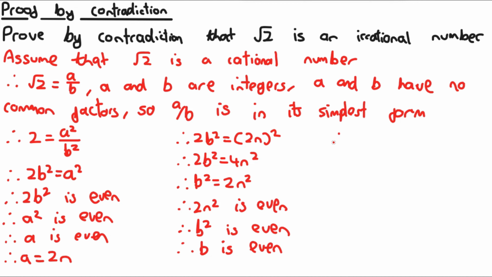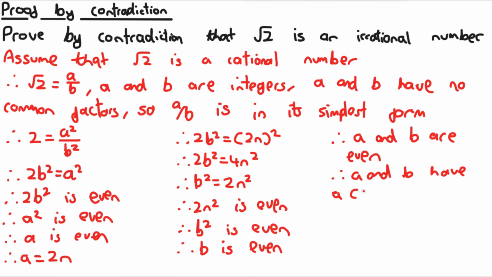So therefore a and b are even. But now we have a problem because we've contradicted this here, that a and b have no common factors. If a and b have no common factors, this cannot be the case if a and b are even, because that means that a and b have a common factor of 2.